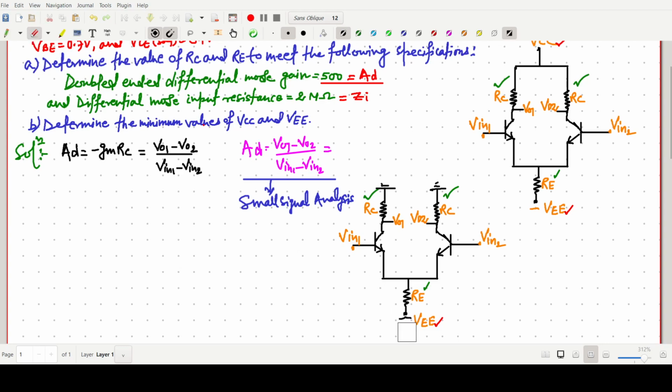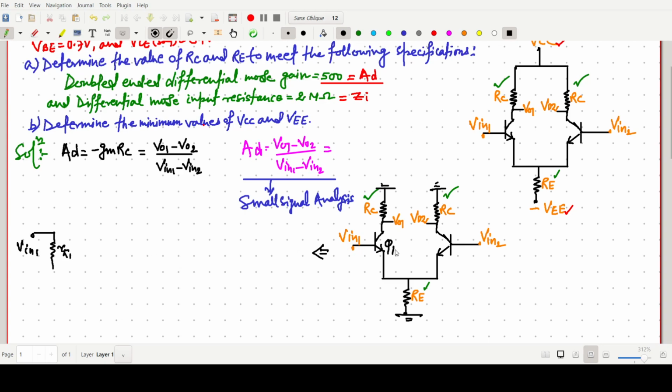So first I have to erase it. It should be grounded, not a big deal. Now if we draw the small signal equivalent, how does it look? This voltage say V in 1, and I am writing R pi 1 for the transistor.